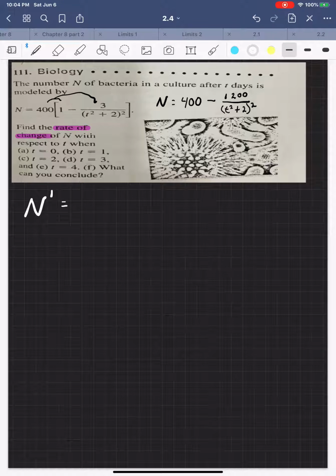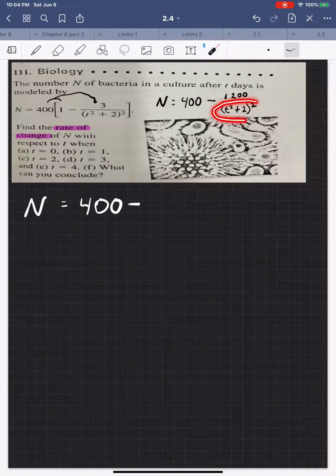Since I am going to have to use the chain rule, let's rewrite n as 400 minus. Now I'm going to take this whole denominator, which is raised to the power positive 2, and I'm going to bring it up to the numerator. Does that make sense, that if it's to the positive 2 in the denominator, if I bring it up to the numerator, it should be to the power of negative 2?